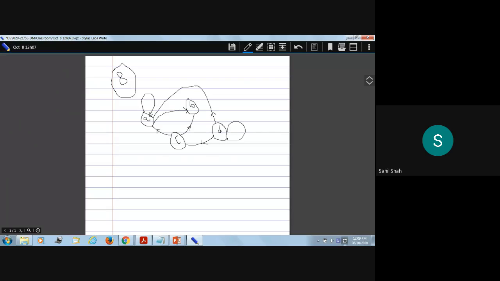You need to write the corresponding relation for this diagram. A diagram is given and relation is asked. This is example number 8 and example number 9. This is only for your practice.